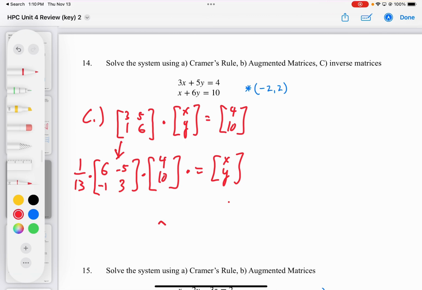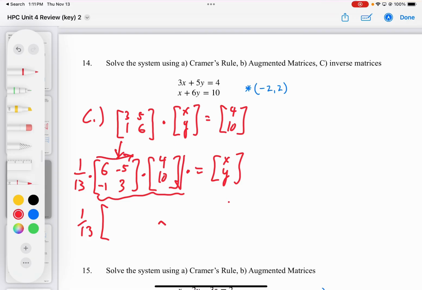Now, that 1 over 13, Nana, you have a tendency to dive headfirst into fraction land. So here's what we're going to do to avoid that. We're actually going to take the product of these two matrices first before I distribute that 1/13 to it, to try to avoid any fractions at all costs. Does that make sense? Okay, so 1 over 13, and then I use matrix multiplication.